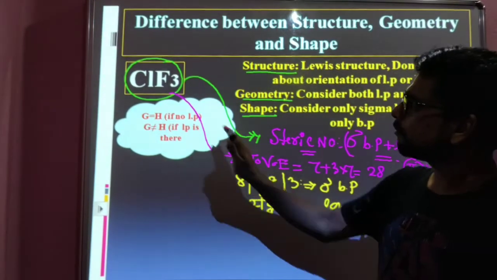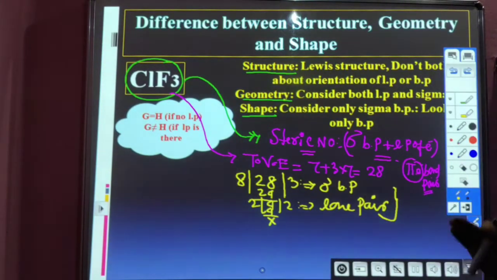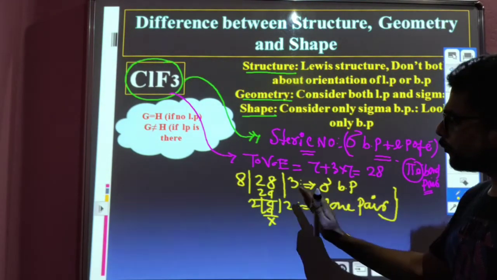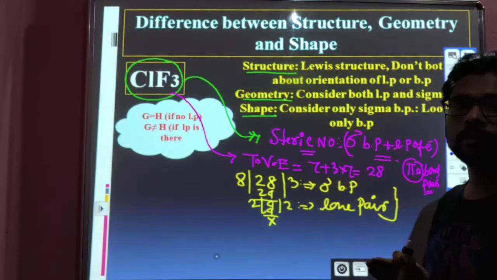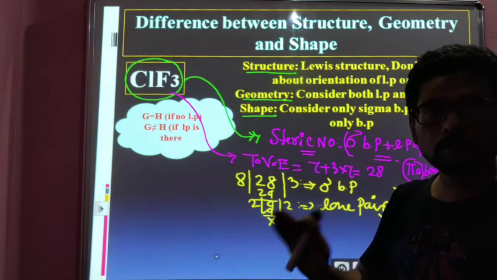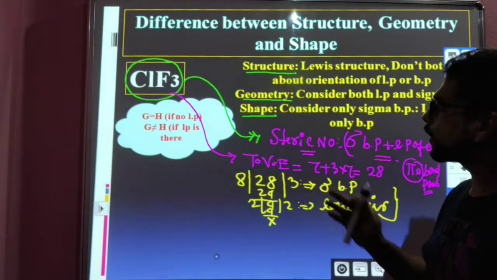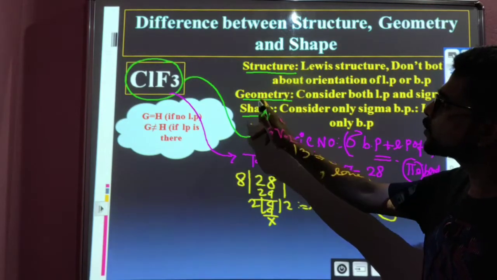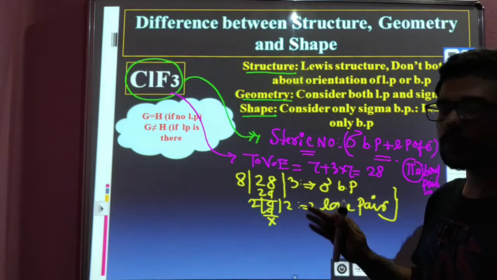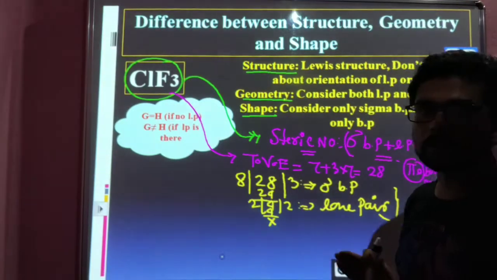There is no pi bond pair. Now, if I want to draw the structure, how I will draw the structure, or how I will show the geometry and how I will show the shape. So first let me draw the structure.